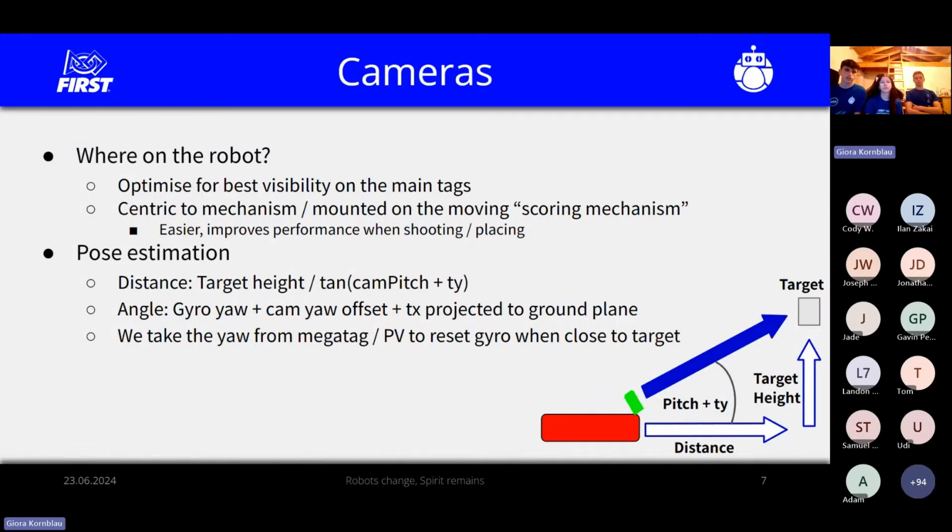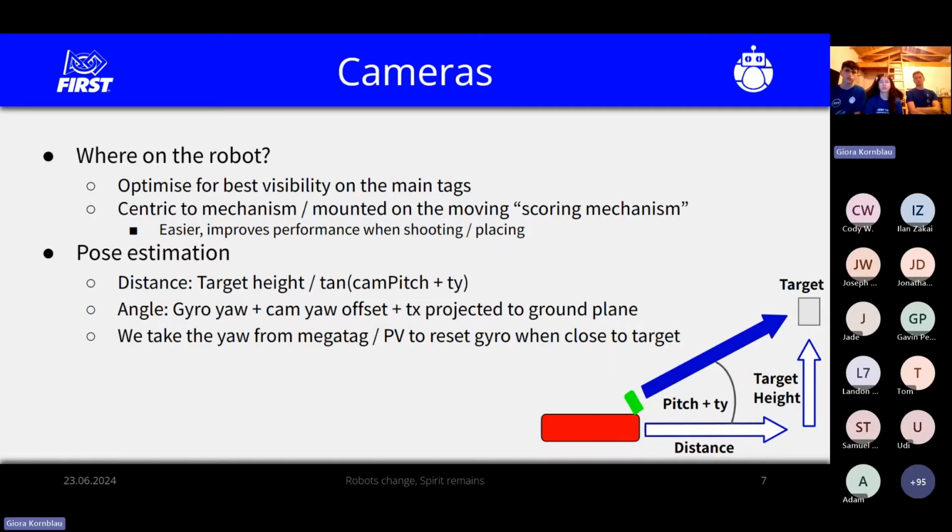For pose estimation, there are two main ways to calculate it. There is the six-axis calculation, which calculates first the robot's displacement, the x offset, y offset, and z offset from the target, and then calculates the yaw, pitch, and roll of the camera.